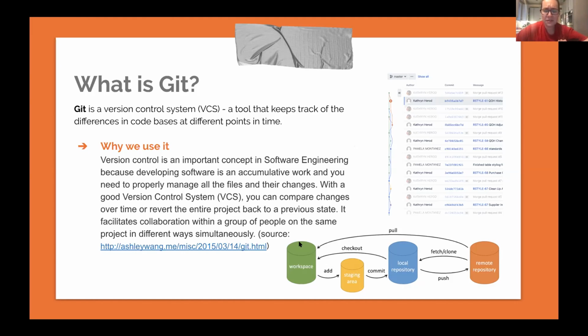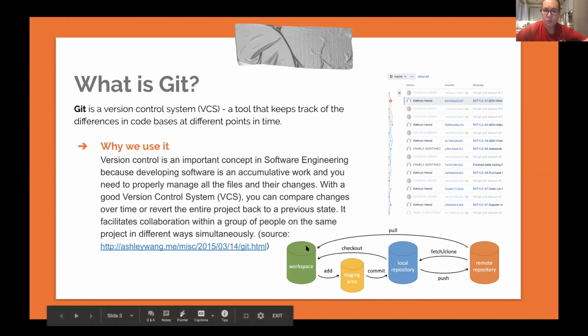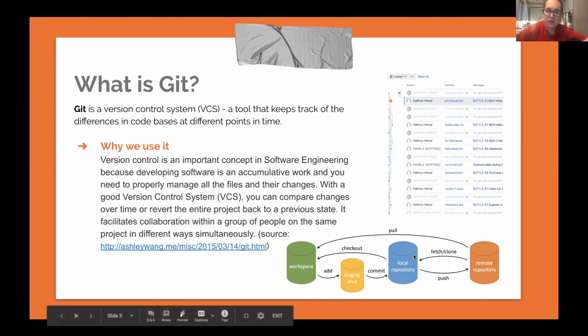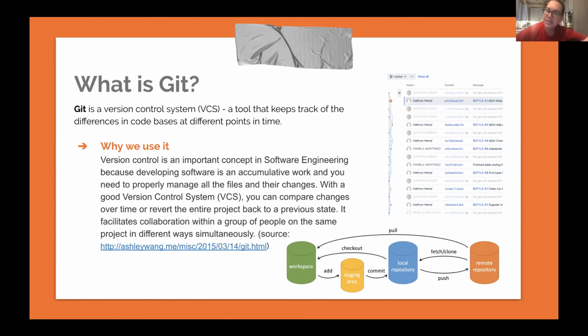Another thing to consider is that when you're working in these version control systems, there are different workspaces. If you think of everything from this local repository to the left, that's what I would consider all local. So you're working in your code editor, you're saving things, you're making changes.